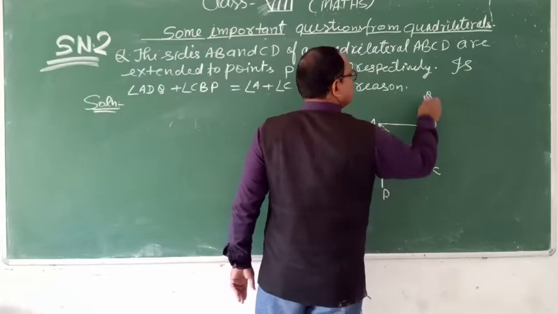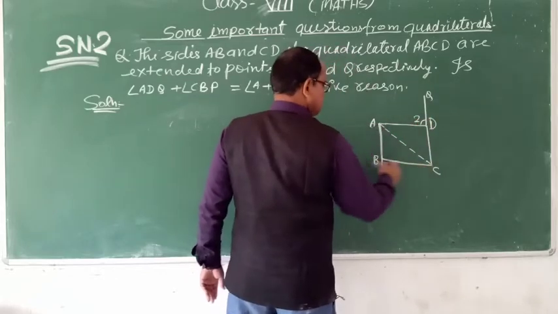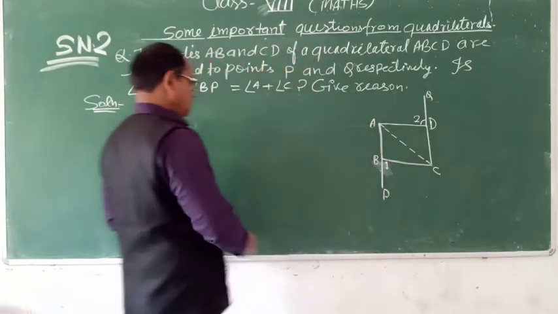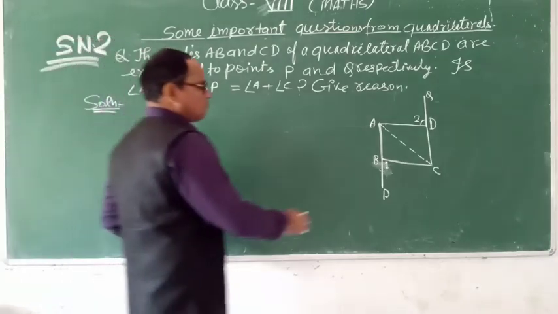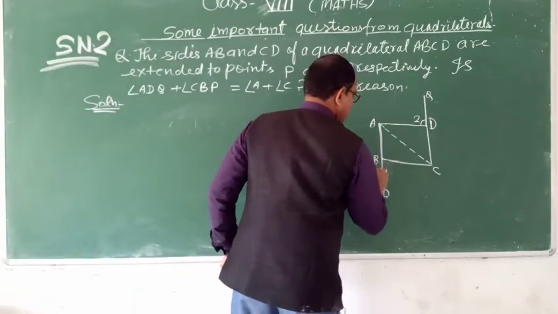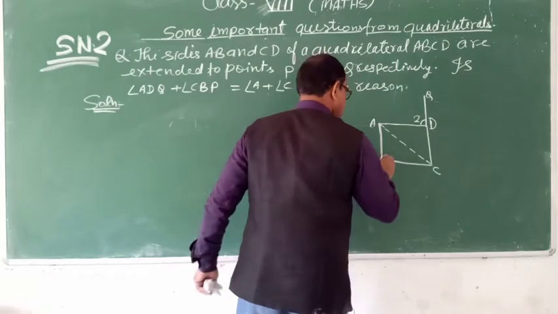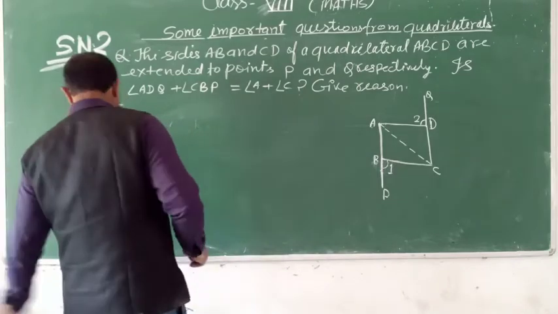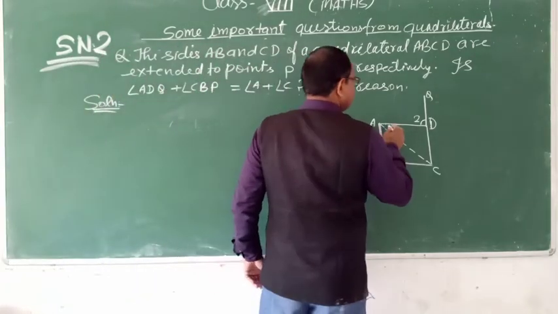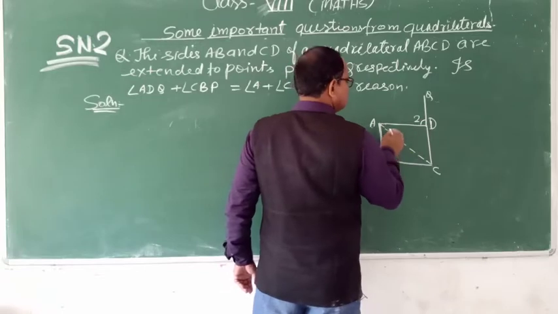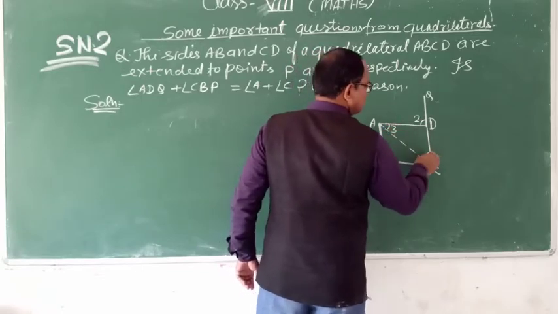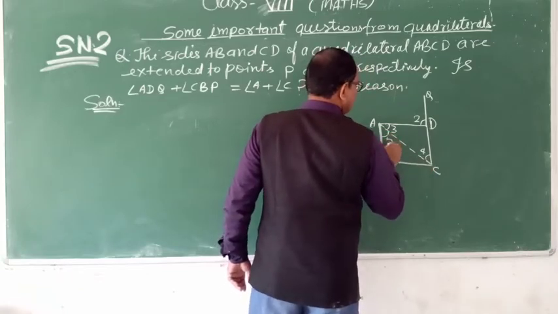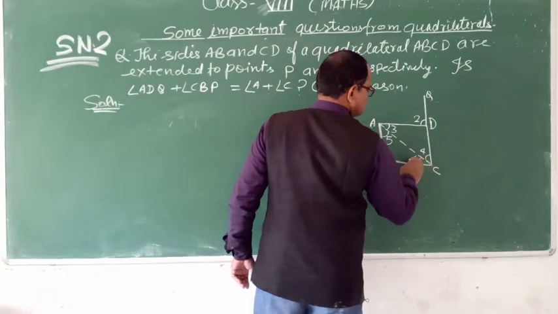Here let angle ADQ be angle 2 and angle CBP be angle 1. And this angle is equal to 3, this is equal to 4, this angle is equal to 5 and this angle is equal to 6.